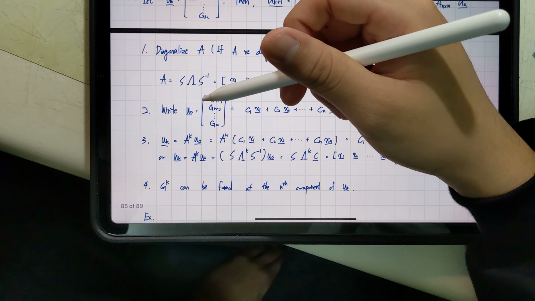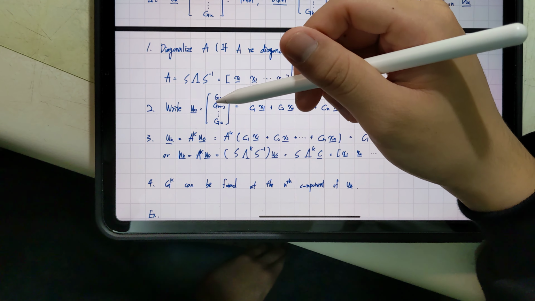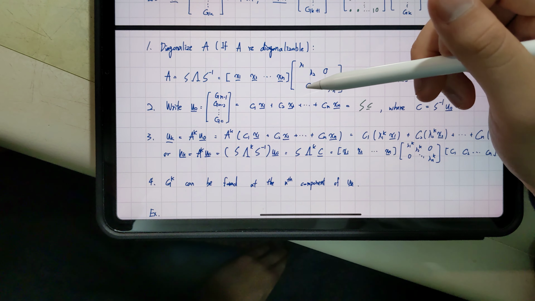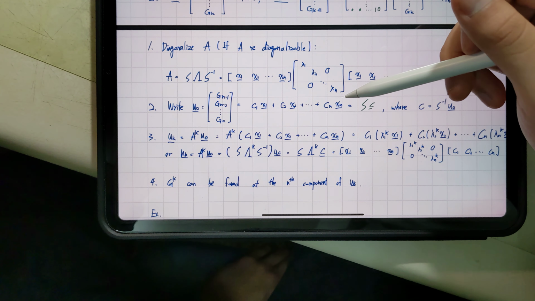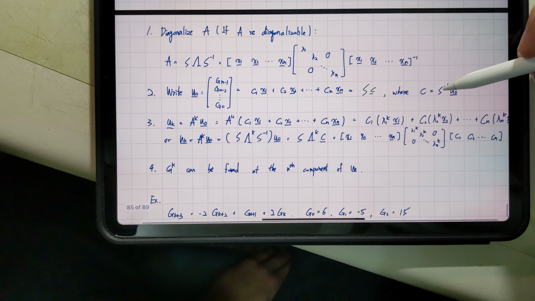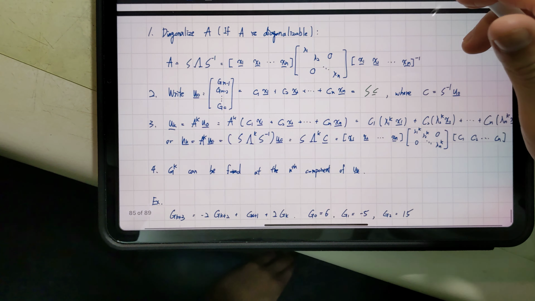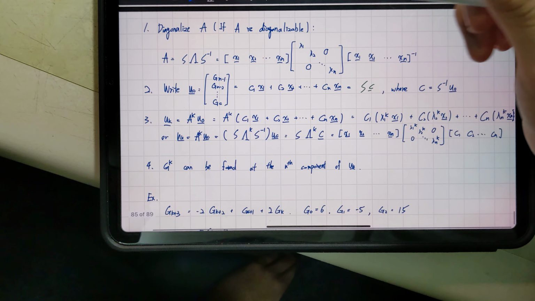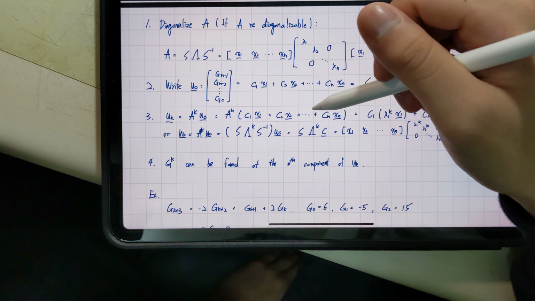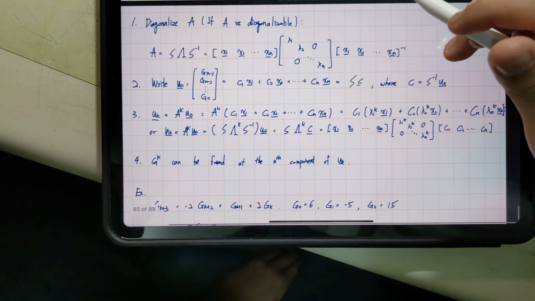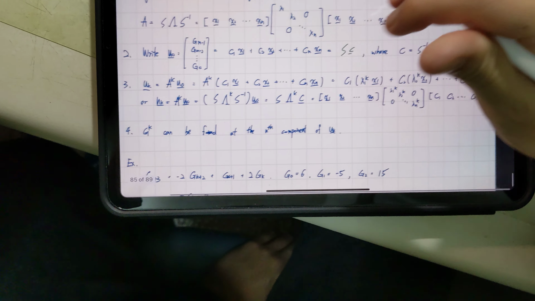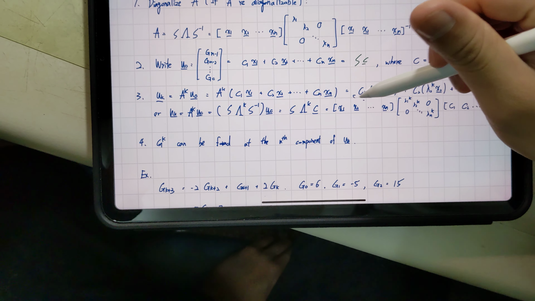Then we write u0 as c1 x1 plus c2 x2 and so on to cn xn, which equals S times c, where c equals S inverse times u0. And u_k is A^k times u0. We can move the terms like this and get this equation.